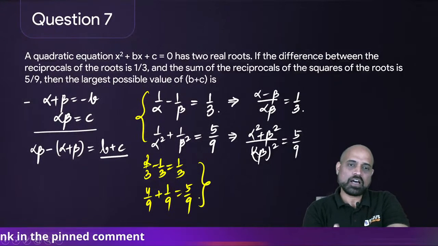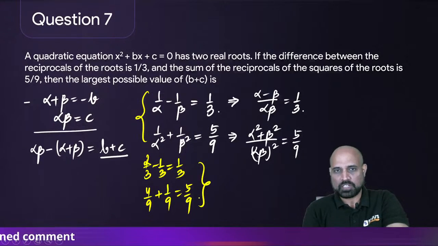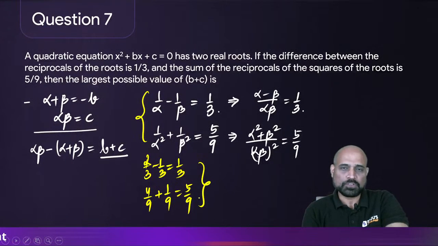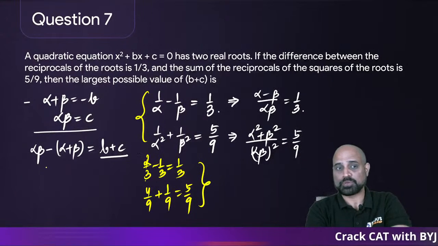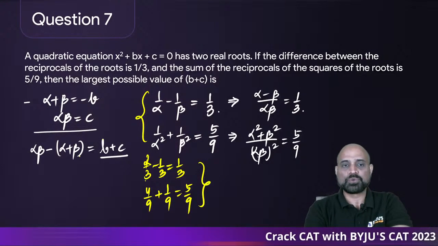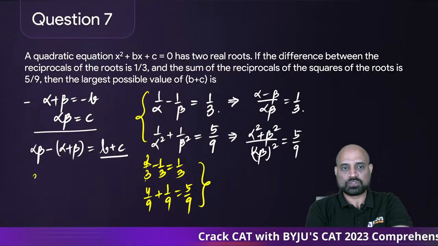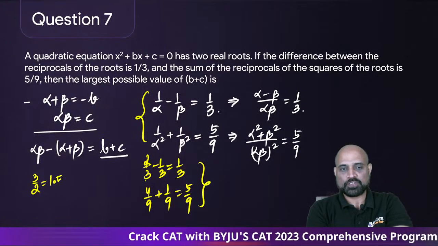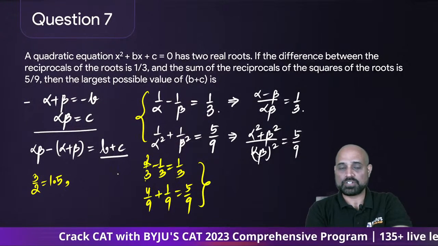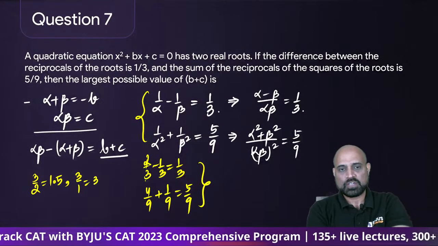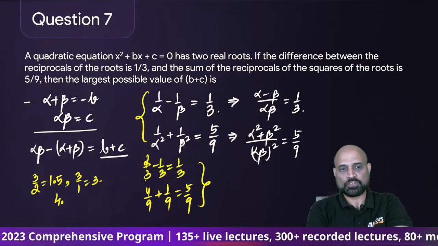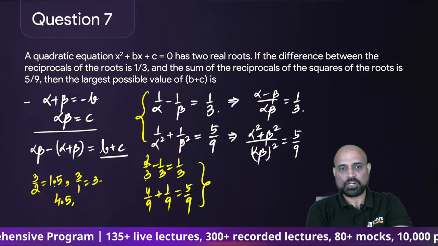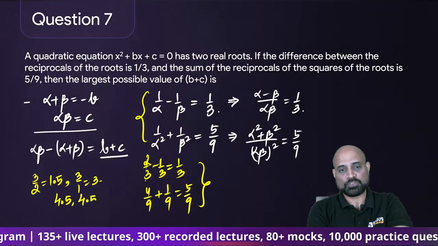अगर ये आप समझ सकते हो कि ये आ सकता है, तो it will make things very easy because one of the roots is 3 by 2. Remember, it's a reciprocal. So अगर एक root 3 by 2 which is 1.5 है and the other root is 3 by 1 which is 3, so the sum of the roots is going to be 4.5 and the product of the roots is also going to be 4.5.